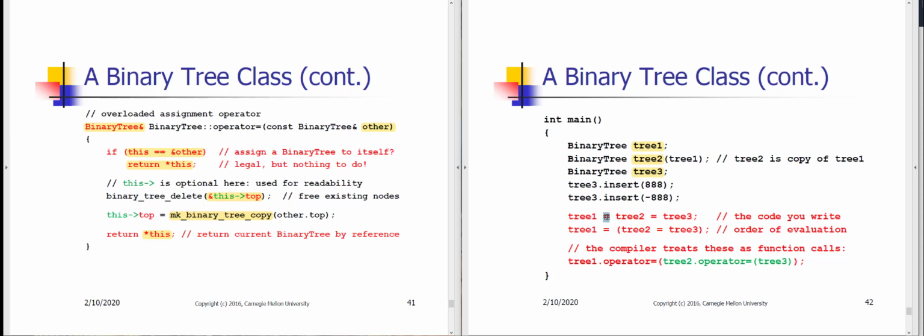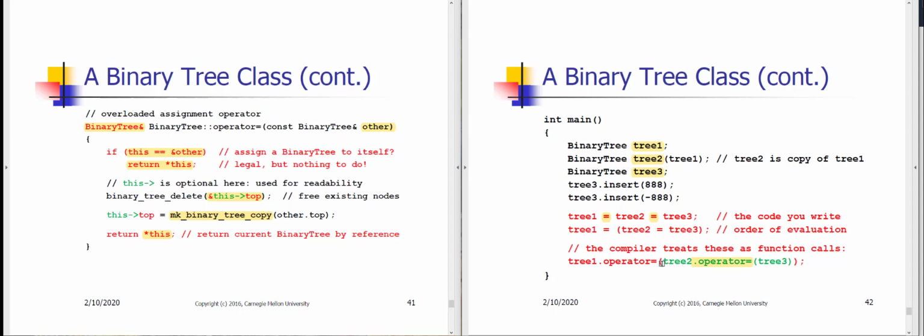These usages of the assignment operator in the statement involving a couple of assignments get converted into function calls of the operator equals function that we've defined in our class. These function calls are nested from right to left because this operator associates from right to left.